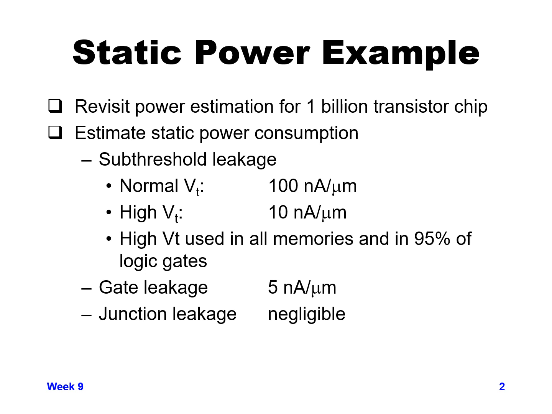So let's do an estimate where we're trying to estimate static power consumption, and we have a process that has 2 different VT types of transistors. We have a normal VT, which is our quote-unquote fast device, but it has a leakage of 100 nanoamperes per micron.